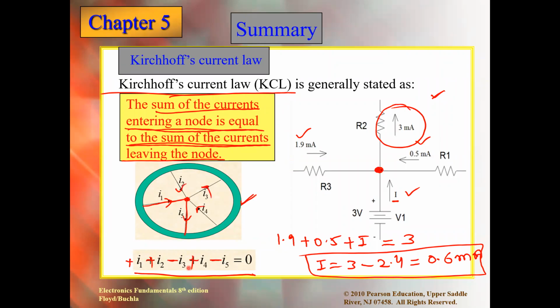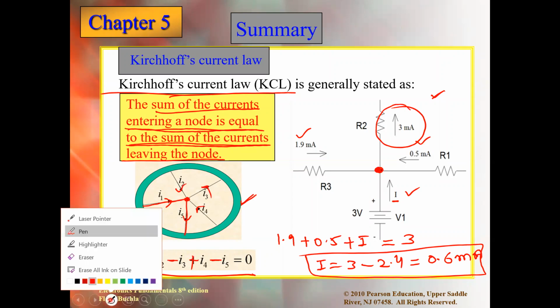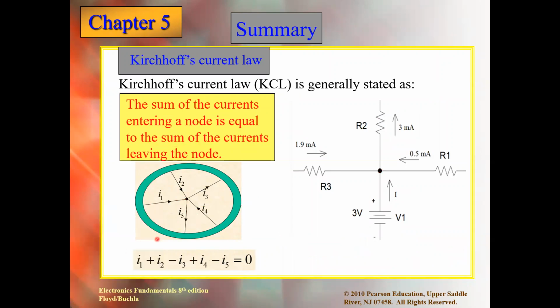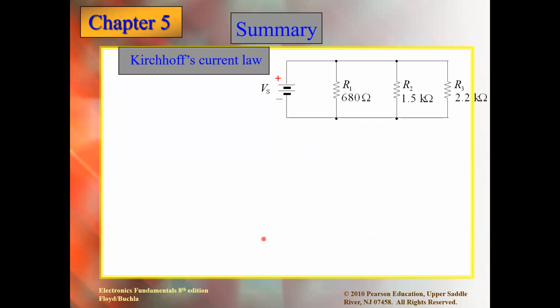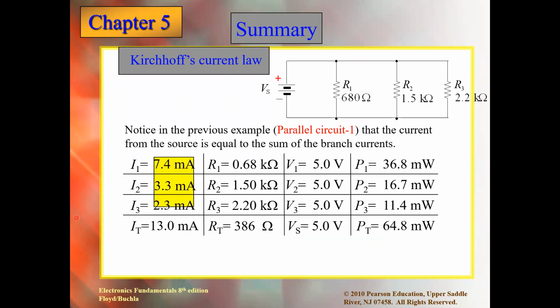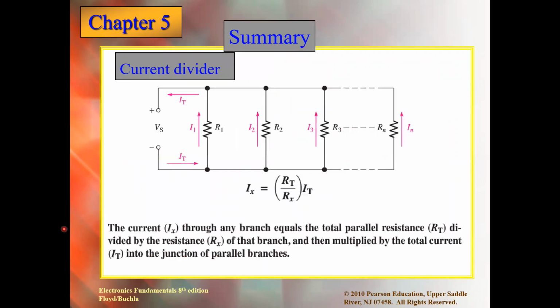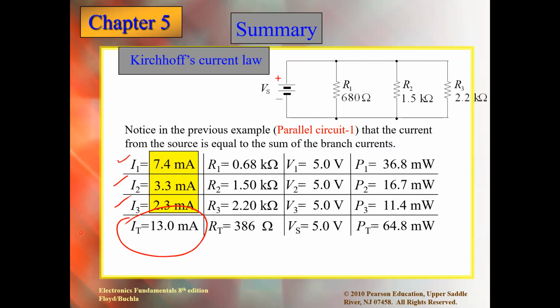So in other words, the algebraic sum of all the currents meeting at a node is equal to 0. This is KCL, okay, guys. We can apply Kirchhoff's current law to this circuit. You can see when you add these currents, you get this total here. This is what we have done here. Is it clear up to now?